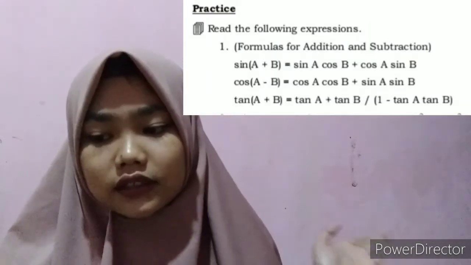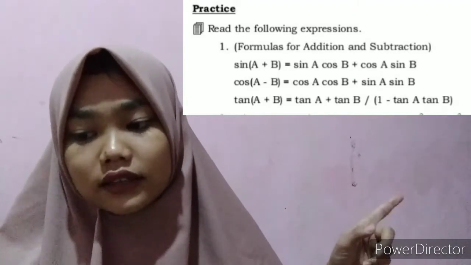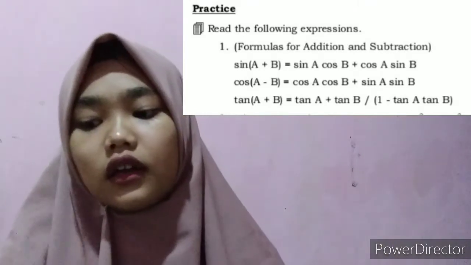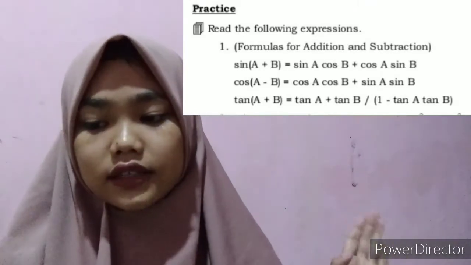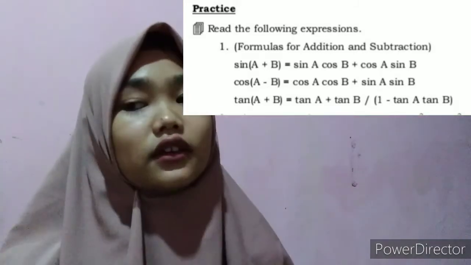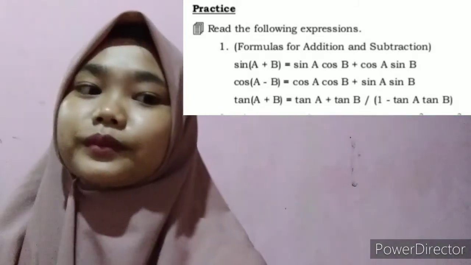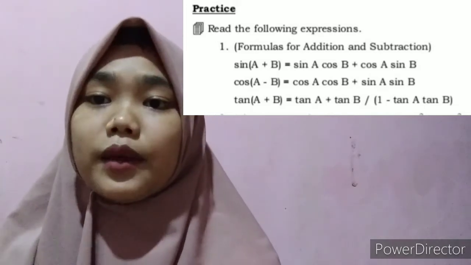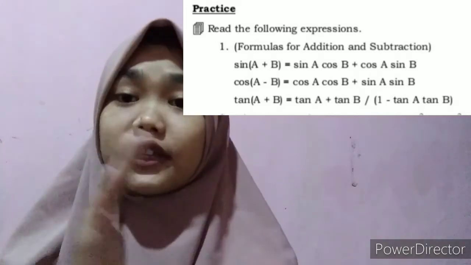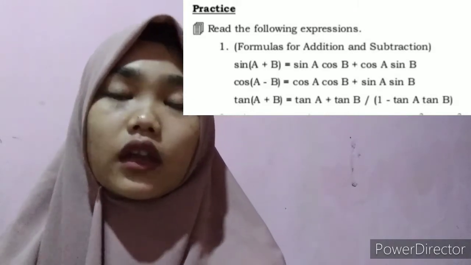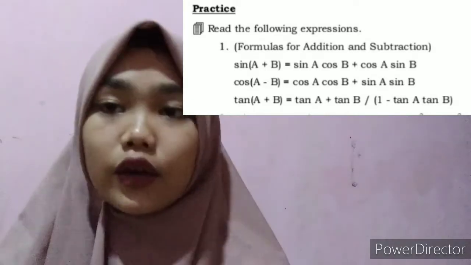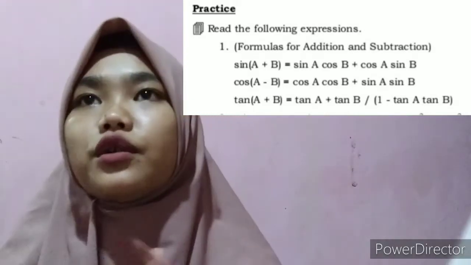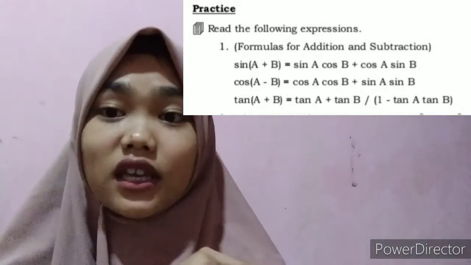Okay, let's practice. Read the following expressions. Number 1, formulas for addition and subtraction. Sin of (a plus b) is equal to sin a cos b plus cos a sin b.